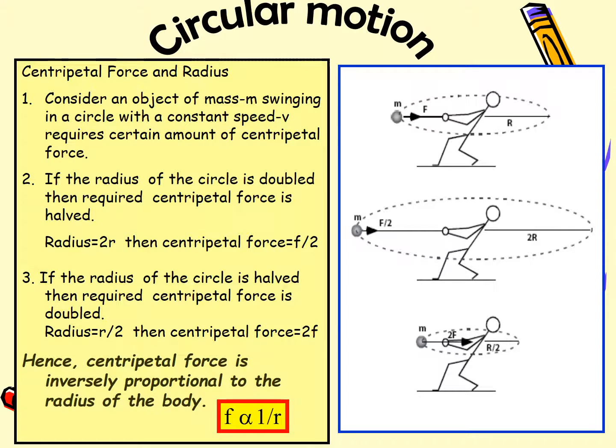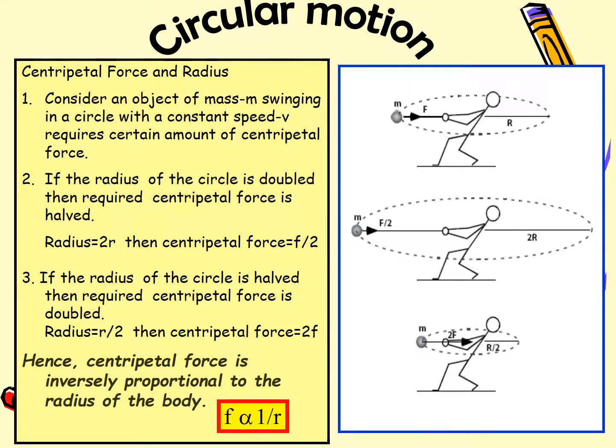And what is the relation between centripetal force and radius? Consider an object of mass m swinging in a circle with a constant speed, requiring a certain amount of centripetal force. If the radius of the circle is doubled, then the required centripetal force is halved. Radius equal to 2 times radius, then centripetal force is half.